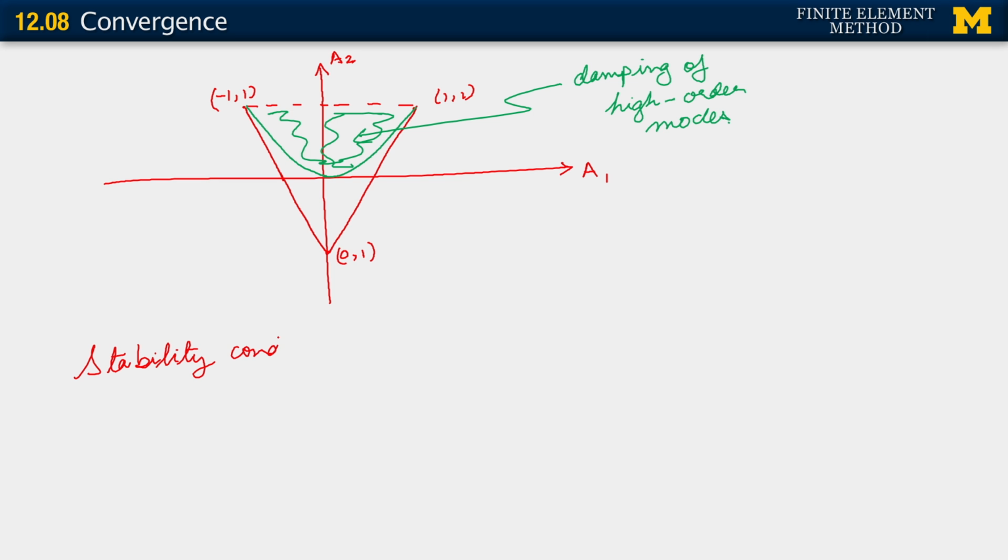the condition for stability independent of time step size, right? So really the unconditional stability condition is the following. It is that beta is greater than or equal to gamma over 2. Okay, so this is unconditional.